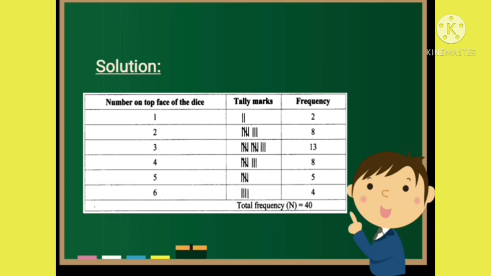After putting all the tally marks, at the end we are totaling the frequency column, that is, the total frequency, which is equal to 40. This is how we have drawn the frequency table.